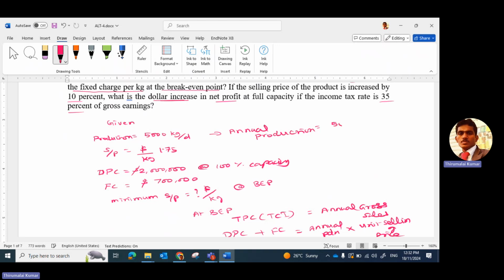So 5,000 kilogram multiplied by 365 days per year, at the end we get 1,825,000 kilogram.